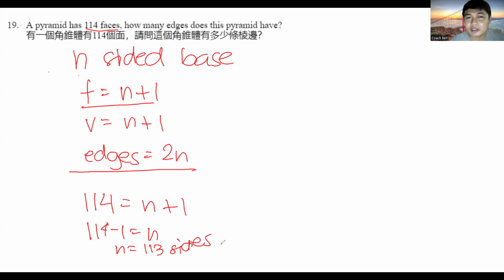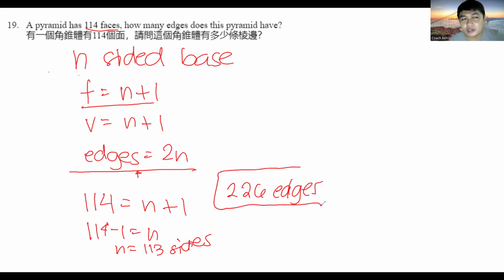If you have 113 sides, then using the formula for edges, 2n, we get 226 edges. Okay, so Kitia and Lucas said that the answer was 226. The others as well answered 226. Okay, very good.